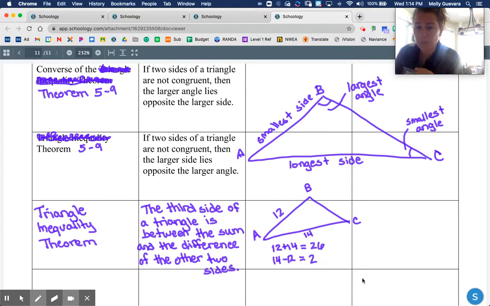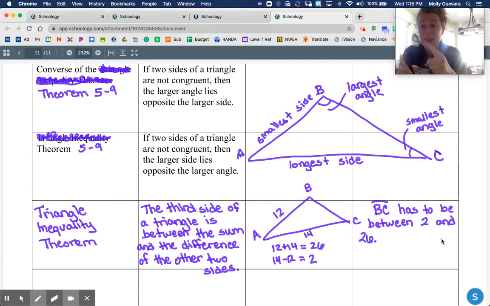And I get 2. So that tells me that BC has to be between 2 and 26 units.